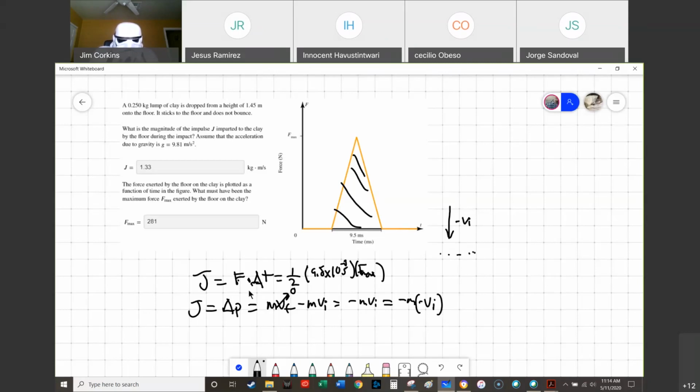Which makes sense because the impulse is positive. When it hits the ground it will produce a force upward, which will be positive. Any questions so far?